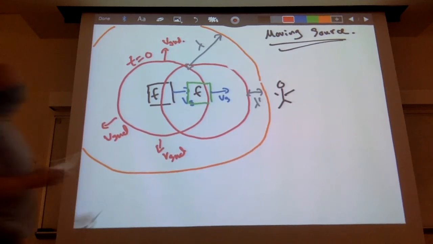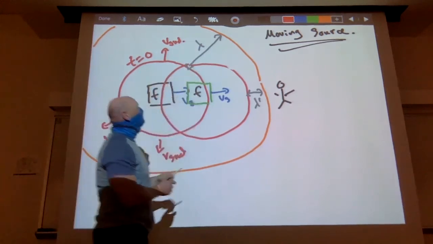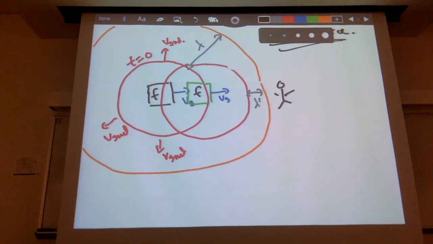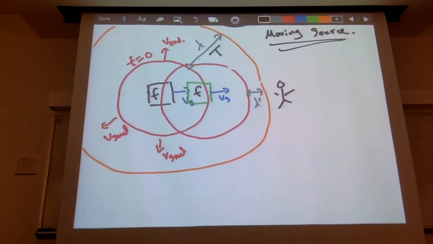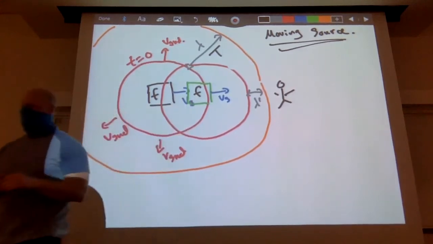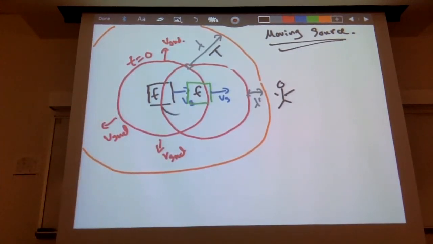Since this is the wavelength, the gray going from this one out to that one, it has taken a time of simply the period. Meanwhile, the car has moved from this position to this position also in the time frame of a period. So here we're seeing the car at t equals the period.